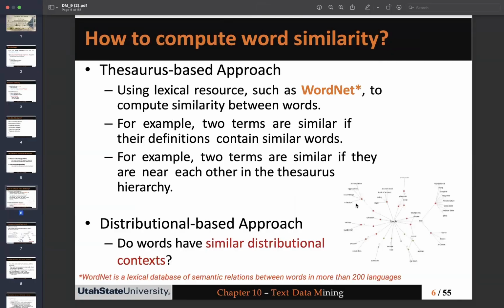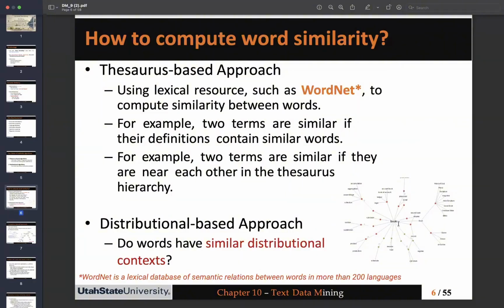All right, so let's start with the first category, thesaurus-based similarity. A thesaurus-based approach is based on this nice data structure, which you can see on the bottom right of this slide. This is known as a WordNet. A WordNet is nothing but a tree where the nodes have children nodes which are less common, and the root nodes and parent nodes are way more generic terms.